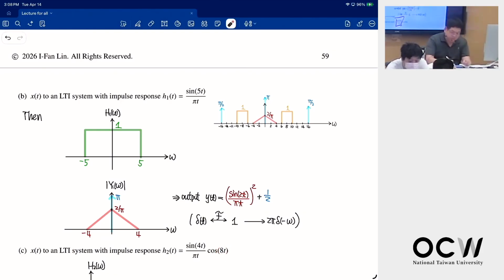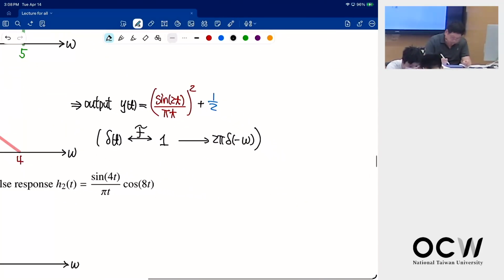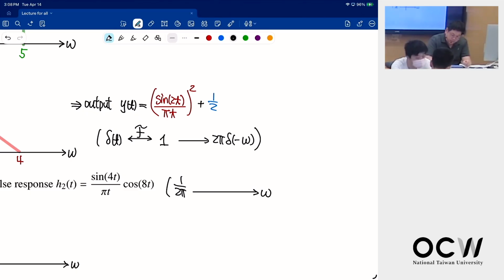Okay, and the sinc function in the frequency domain is a rectangular pulse. So you can also think of this as 1/2 pi, your rectangular pulse from -4 to 4.